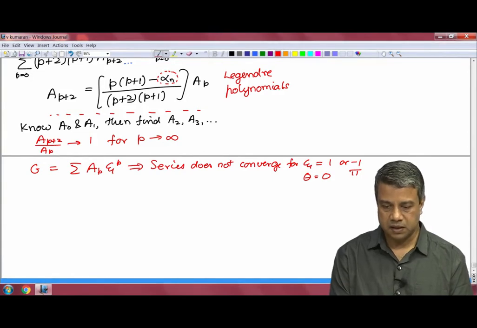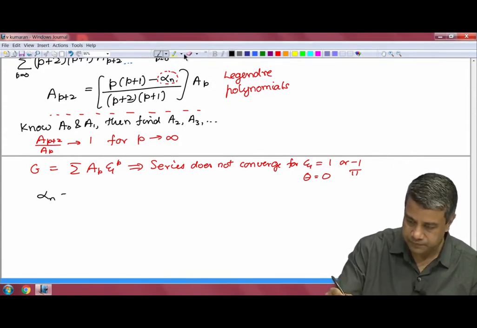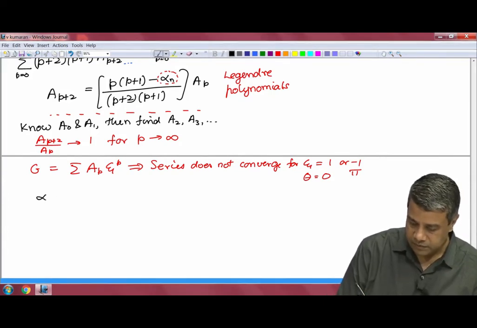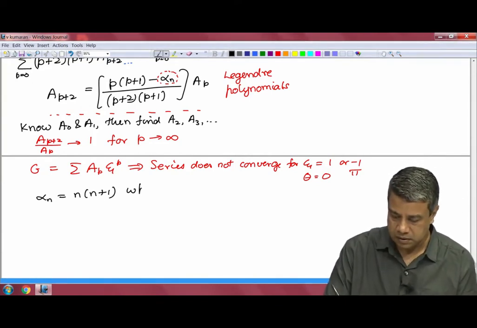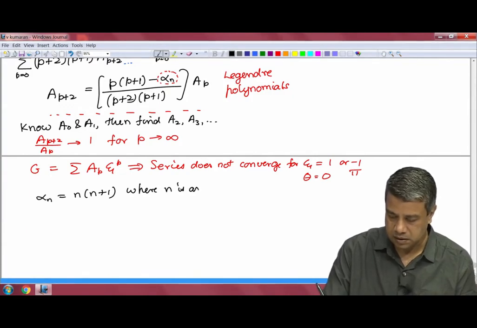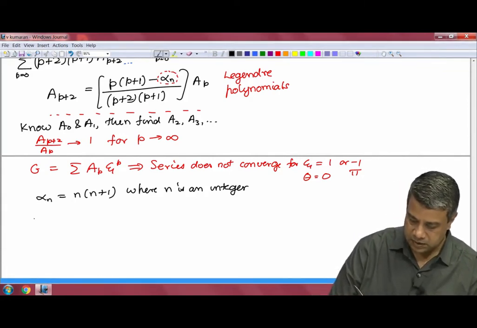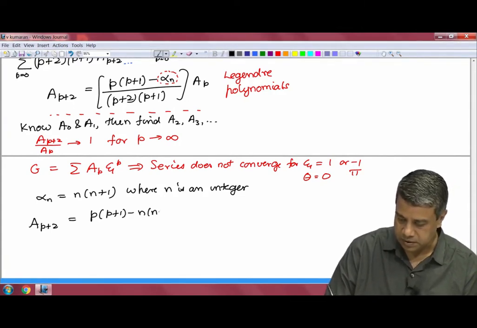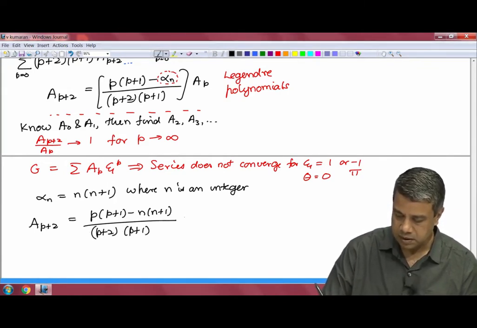In other words, if I choose alpha n equal to n into n plus 1, where n is an integer, then I have a p plus 2 equal to p into p plus 1 minus n into n plus 1 by p plus 2 into p plus 1 into a p.